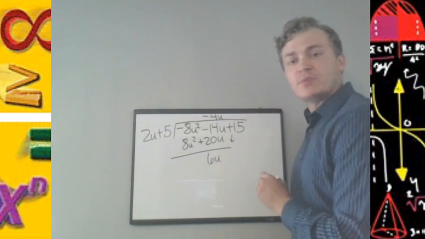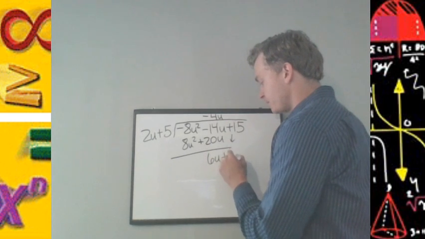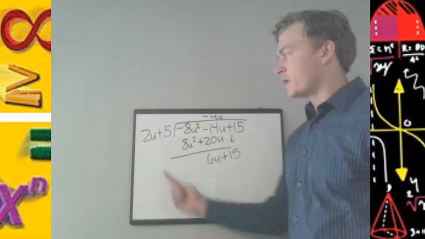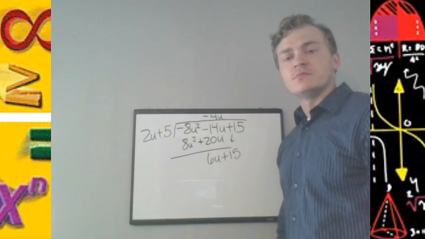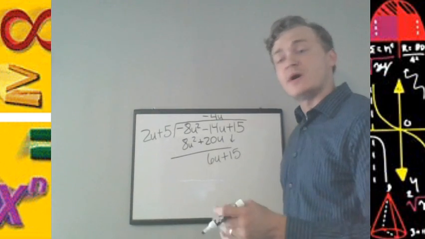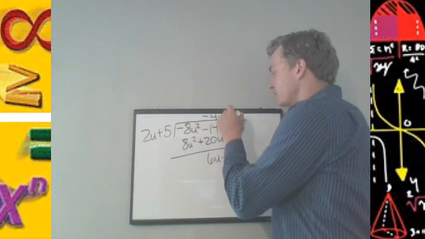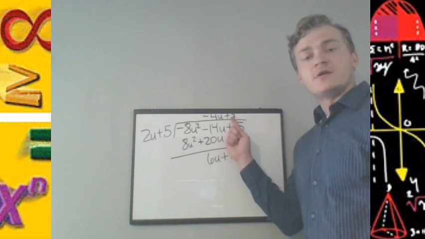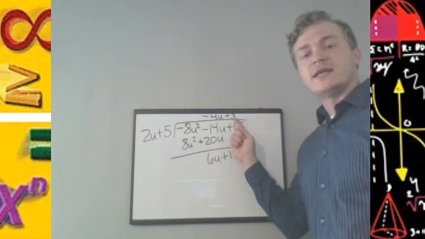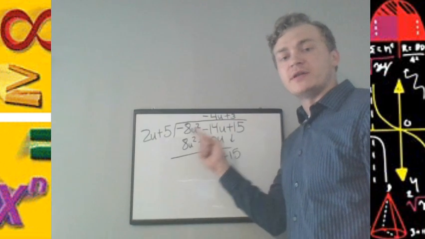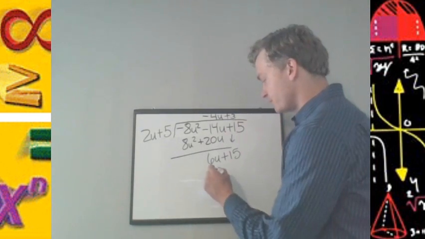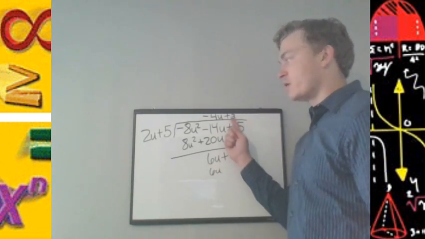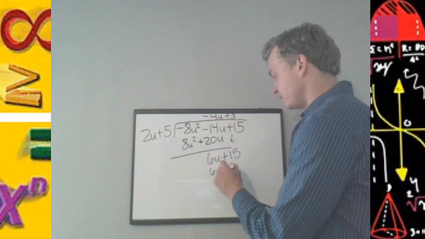Bring down the next term, plus 15. 2u will divide into 6u 3 times, and 3 is positive. The term positive 3 in our quotient is multiplied to the divisor 2u plus 5. 3 times 2u is 6u. 3 times 5 is 15.